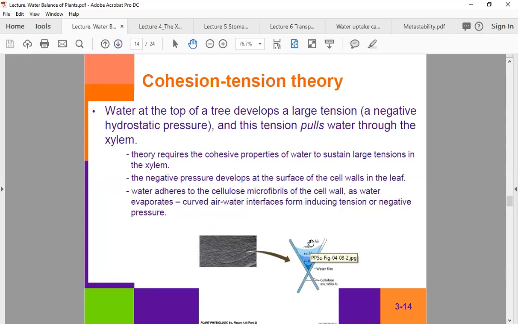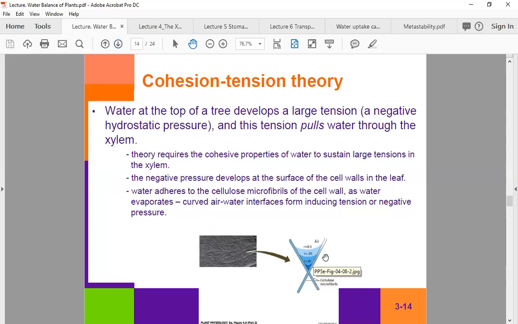As the water evaporates from the outside of the cell wall, once again, we get this curved air-water interface. As it evaporates a bit more, the curvature becomes greater, and then greater again.